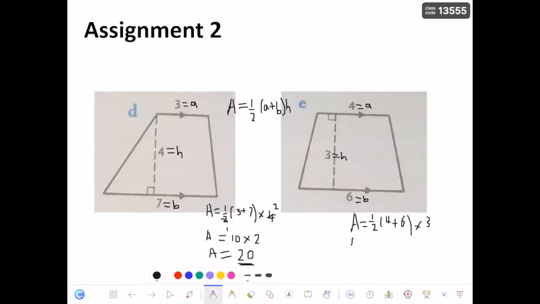Since 2 cannot divide 3 without remainder, let me open the bracket: 1 over 2 times 4 plus 6, this will give us 10, then times 3. Now 2 can go into 10, which is 5. Now 5 times 3 is 15. So for this last question, the answer is 15.